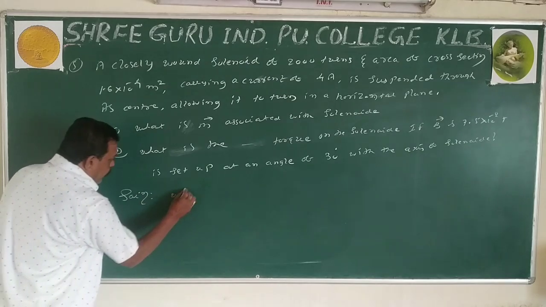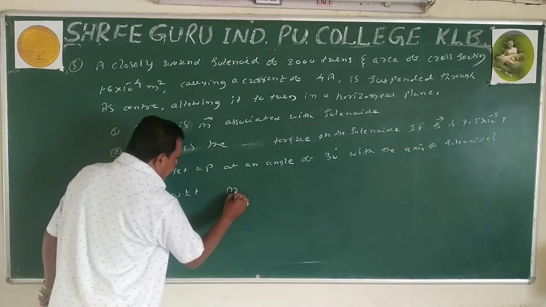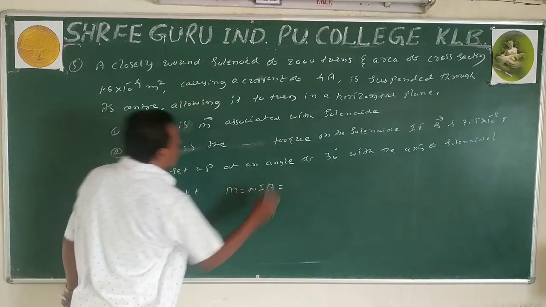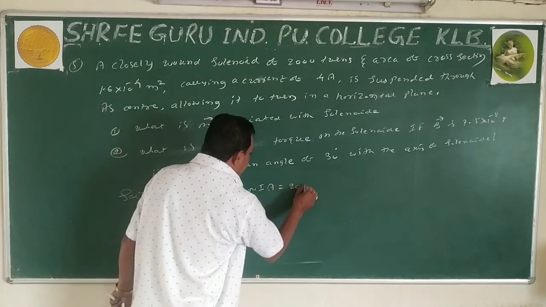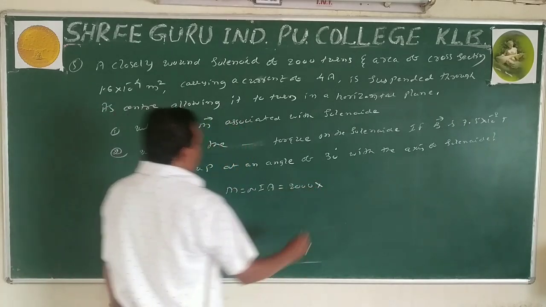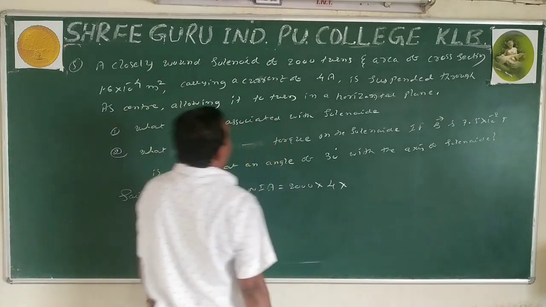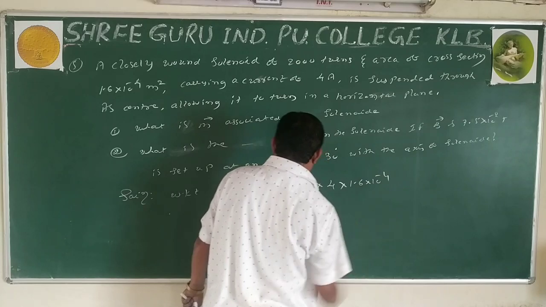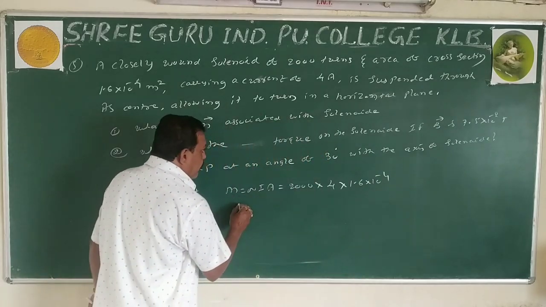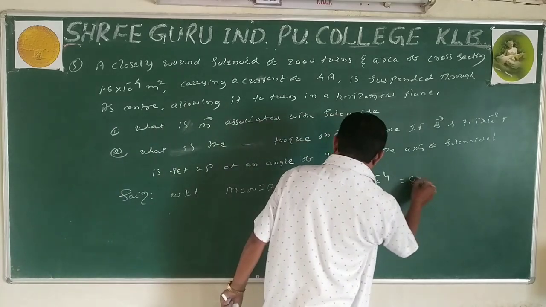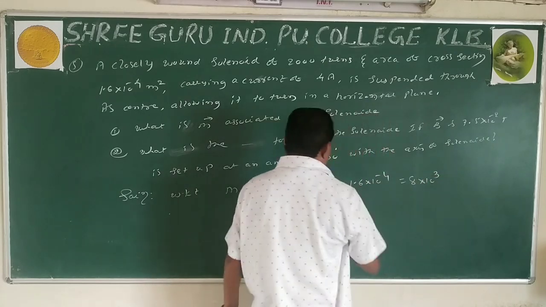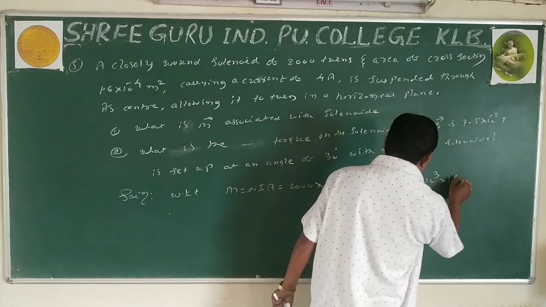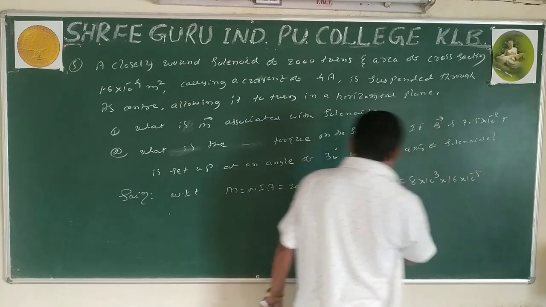We know that magnetic dipole moment M equals to NIA. How many turns? 2000 turns. What is the current through the solenoid? 4. What is the area? Area of cross section 1.6 into 10 to the power of minus 4. So this is nothing but 8 into 10 to the power of 3, 16 into 10 to the power of minus 5. 1000 देता है.